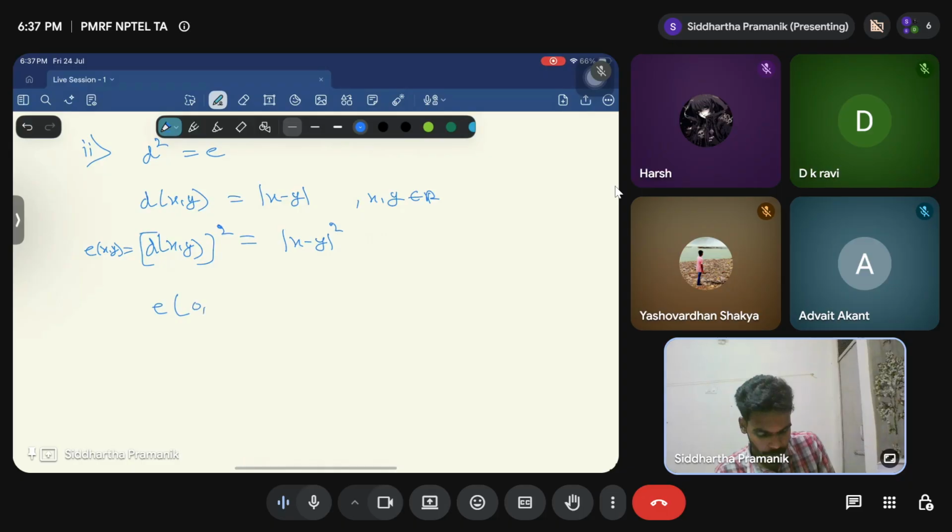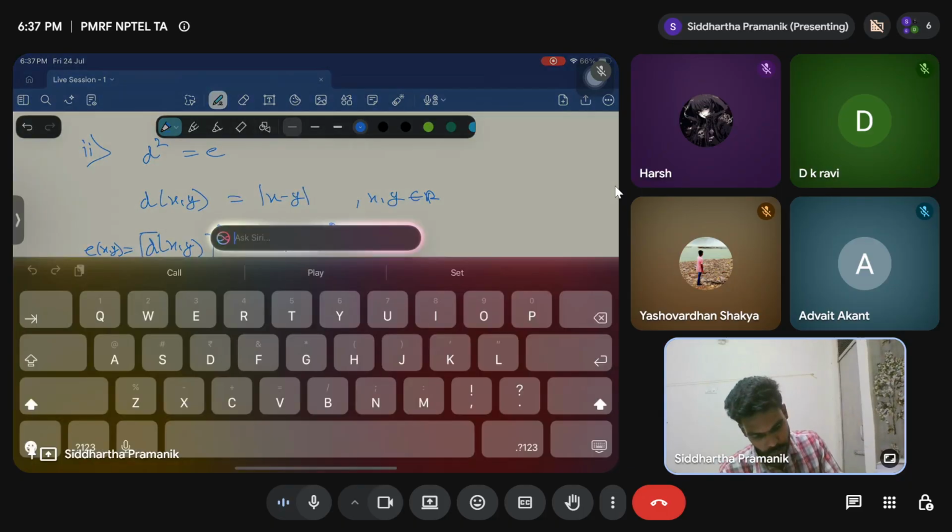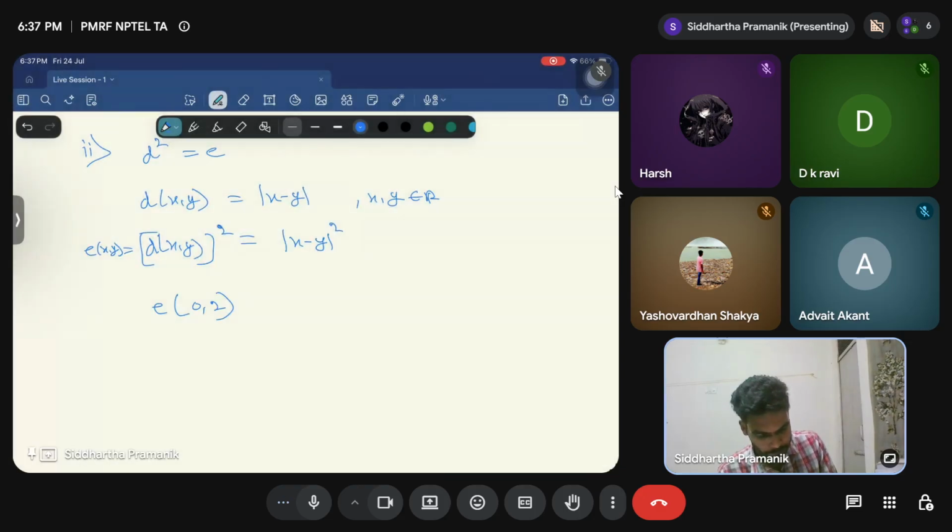So let's say e(0,2). Then what is this thing? This is basically 2 square. So this is 4. So our x is 0, z is 2, and y is 1. So what is e(0,1)?